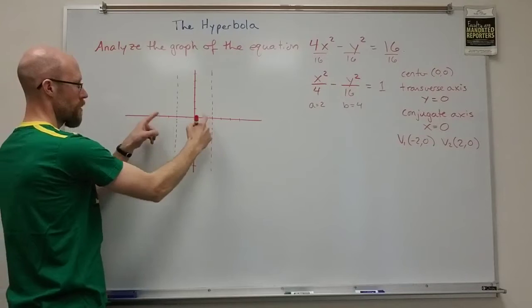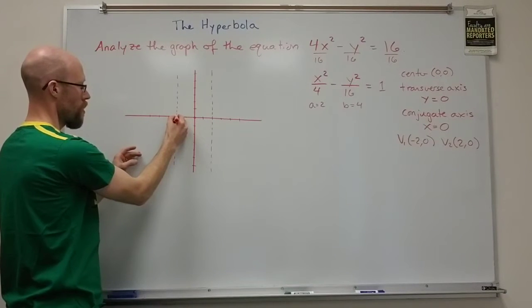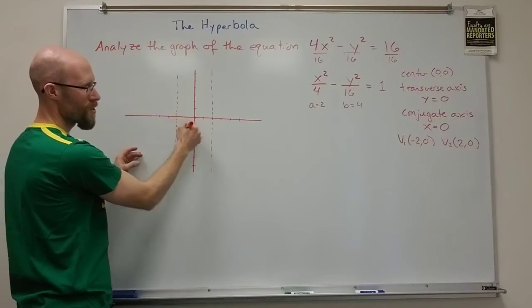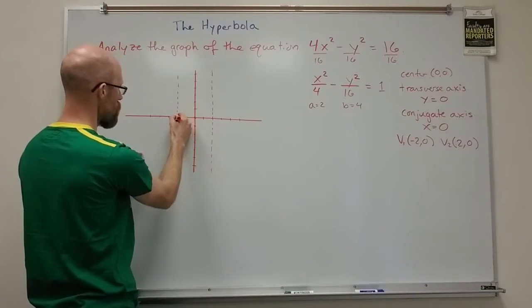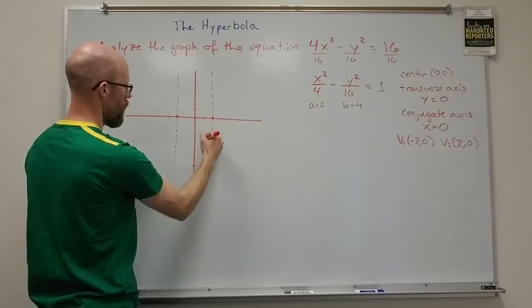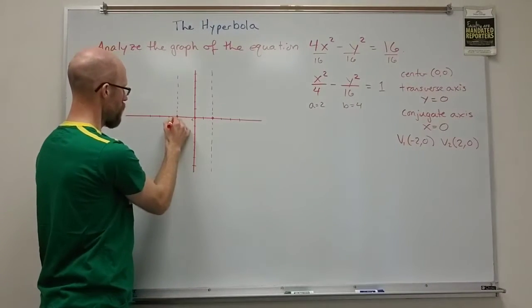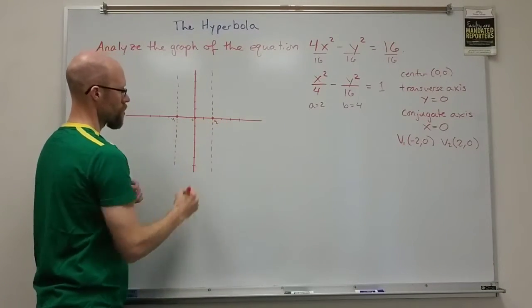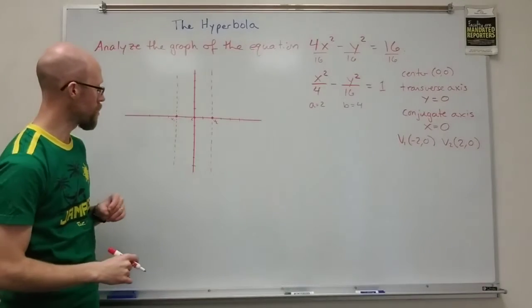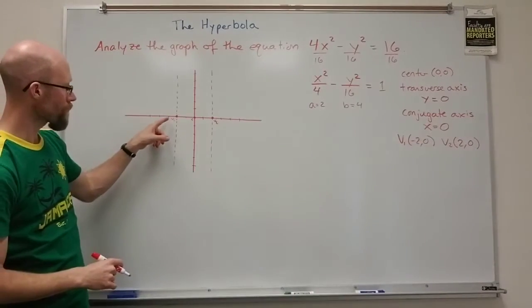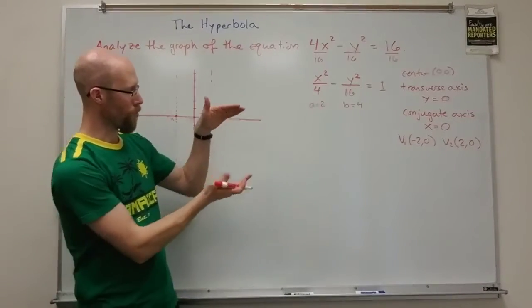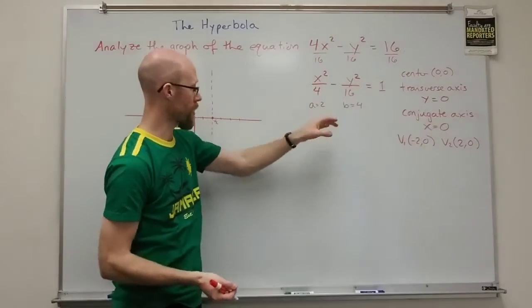In fact, where those 2 vertical lines intersect the transverse axis, those are going to be my vertices. Those are at -2 and +2. So here's the center, vertex 1, and vertex 2. Nicely positioned.